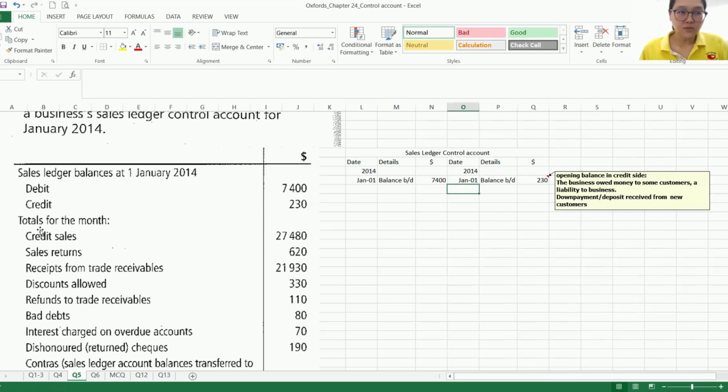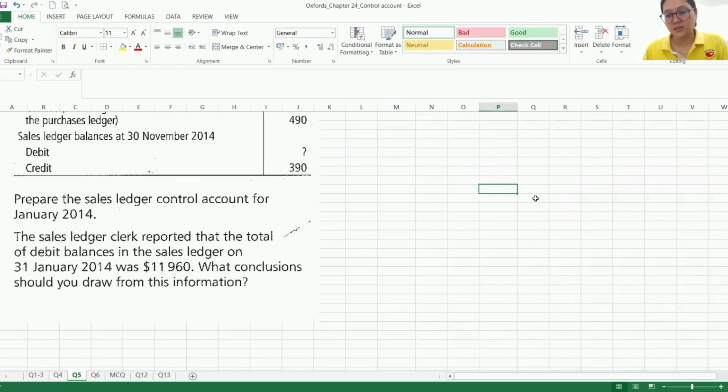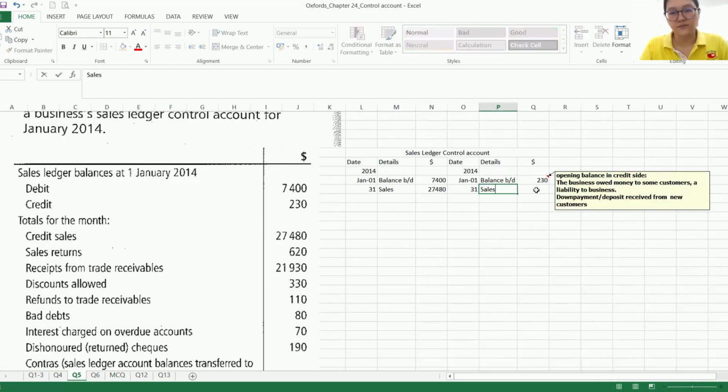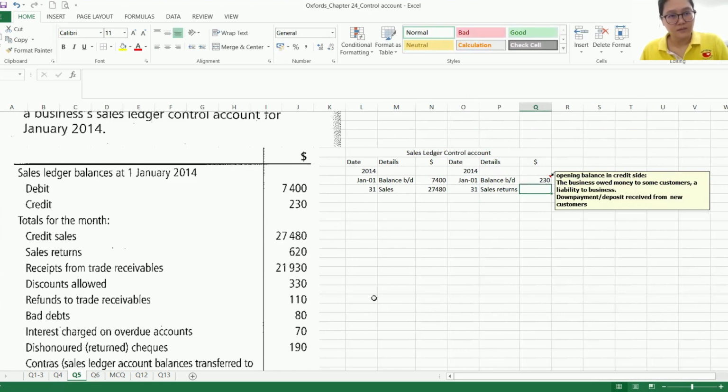Okay, now continue. Here we have credit sales. Credit sales, because we do one month only, January has 31 days. Credit sales is on the debit side, 27,480. Sales return is always opposite to the sales. So here, sales return, 620.